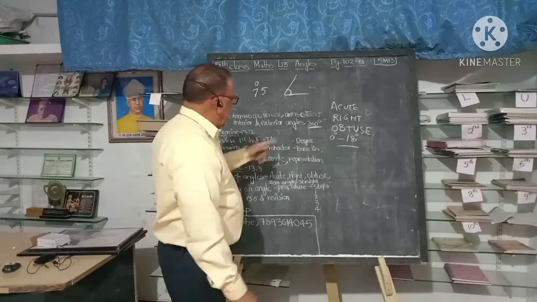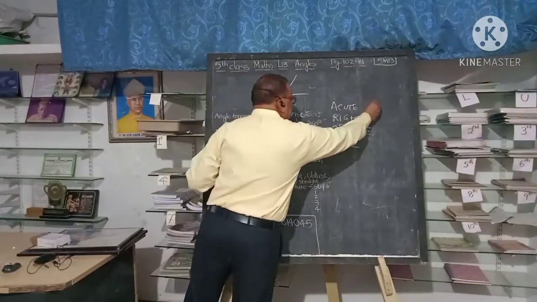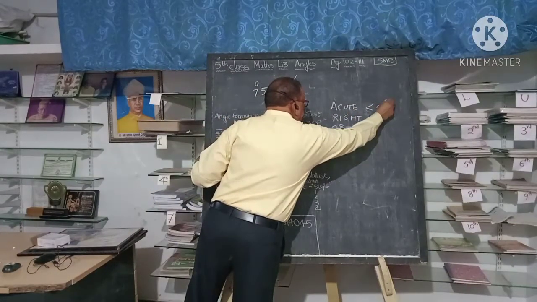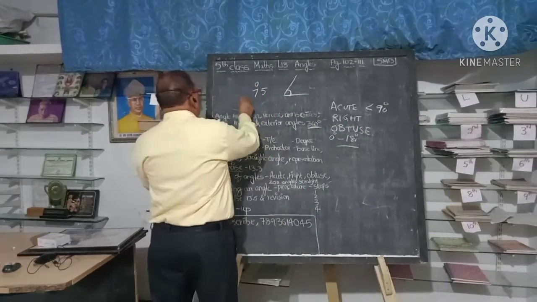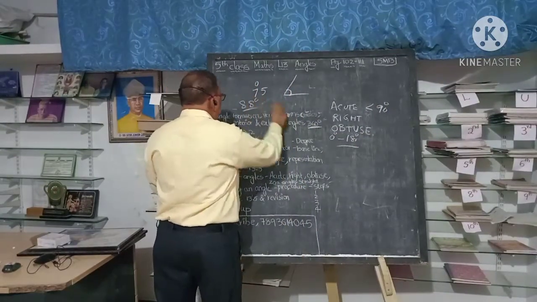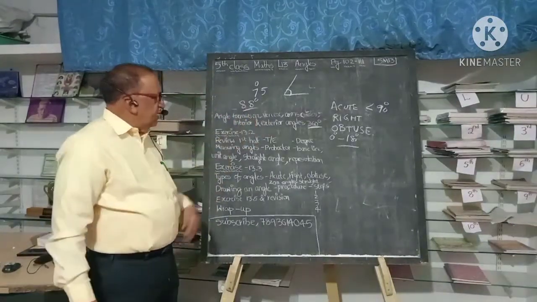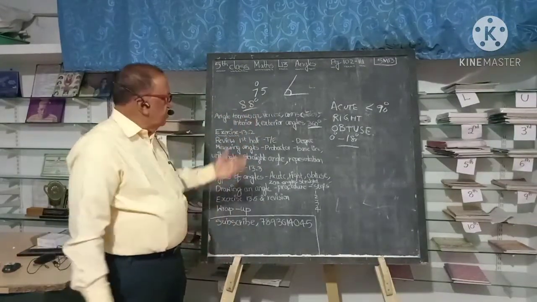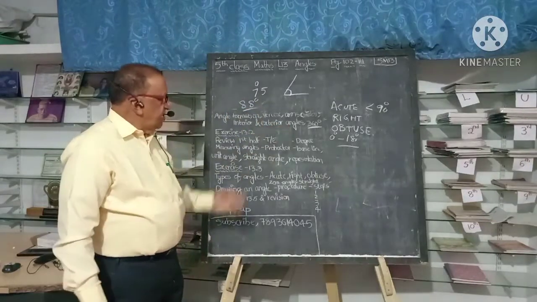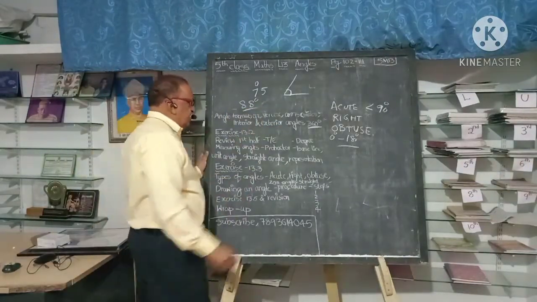If the angle is less than 90 degrees, then you call it an acute angle. Suppose 88 degrees. This is an acute angle because it is less than 90 degrees. Then you have the right angle. A right angle is equal to 90 degrees, right? And then an obtuse angle is more than 90 degrees.